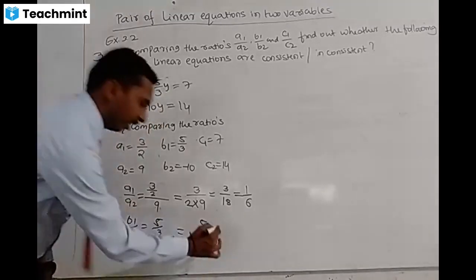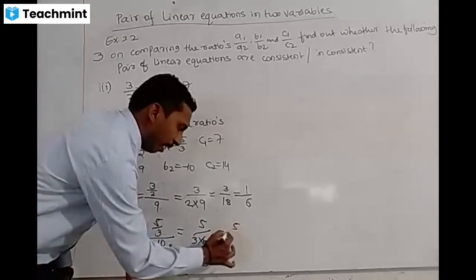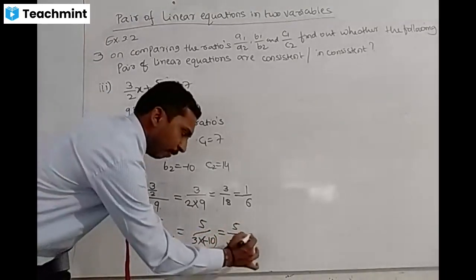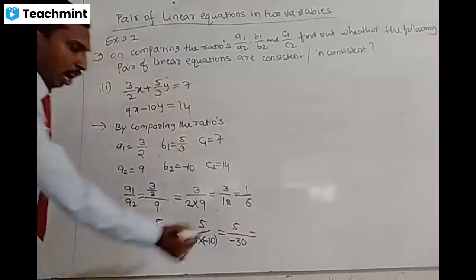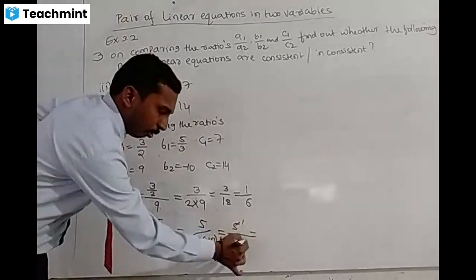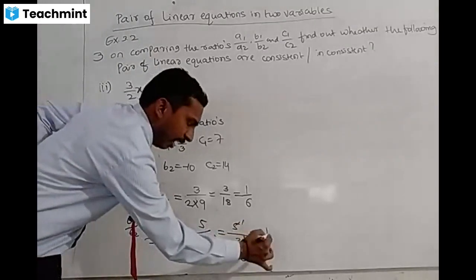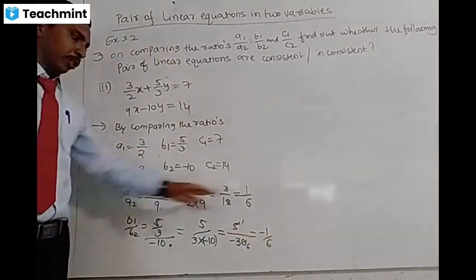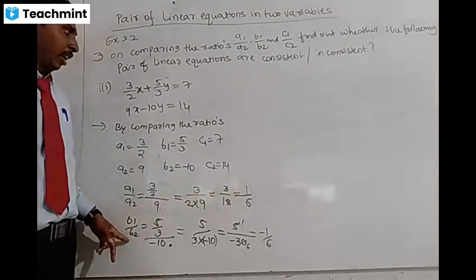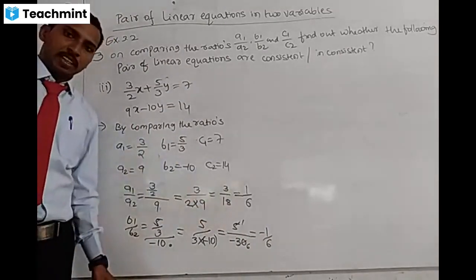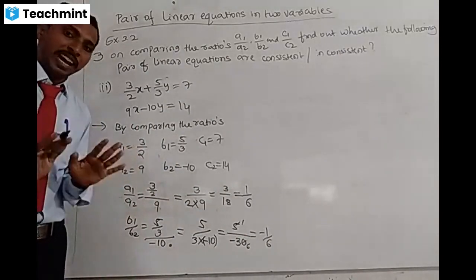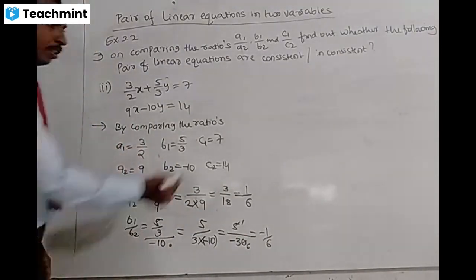And now, 5 divided by 3 into minus 10 is minus 30. So now 5 ones are 5, 5 sixes are 30. It means minus 1 by 6. You know A1 by A2 is 1 by 6. B1 by B2 is minus 1 by 6. Then are they the same? No, they are not the same. Now can you write it as? Here I will write.